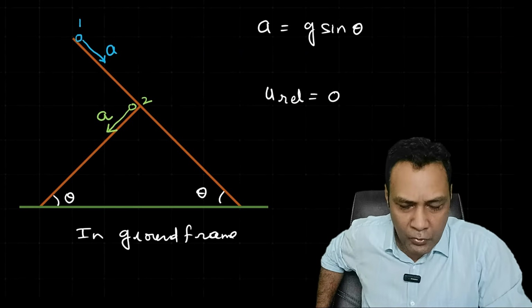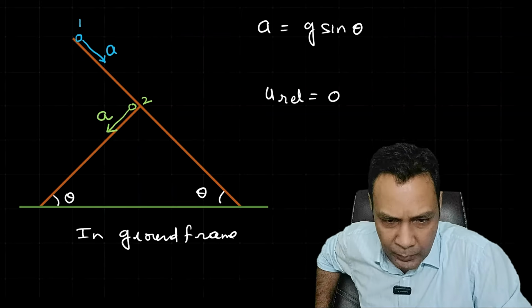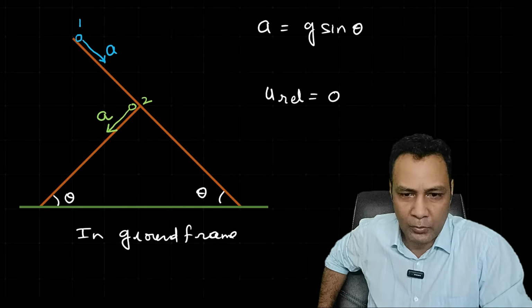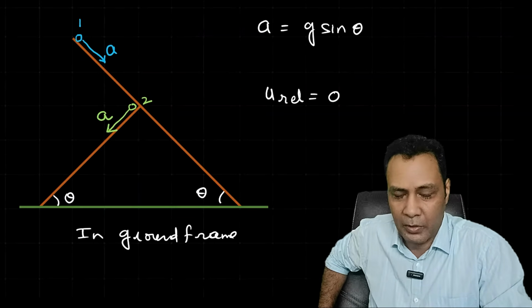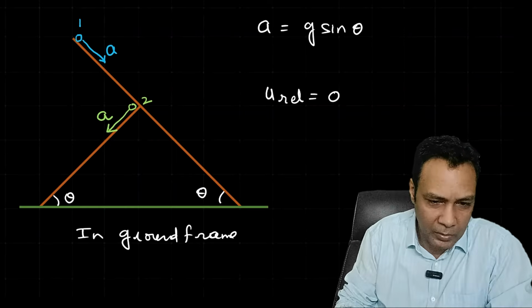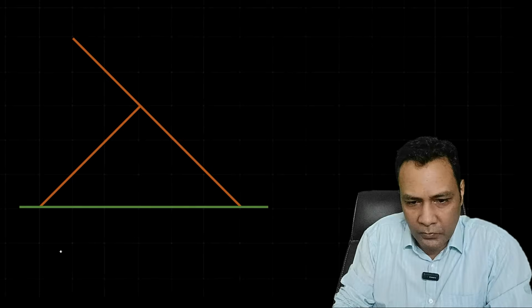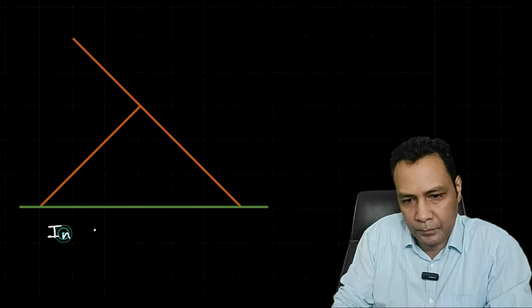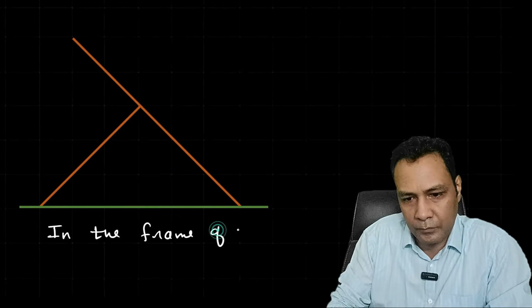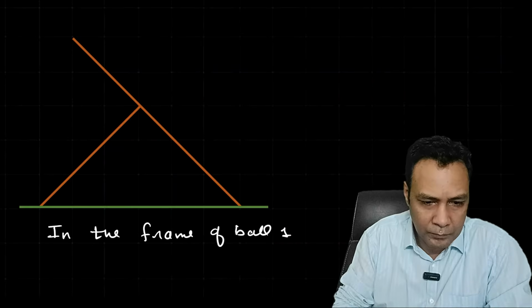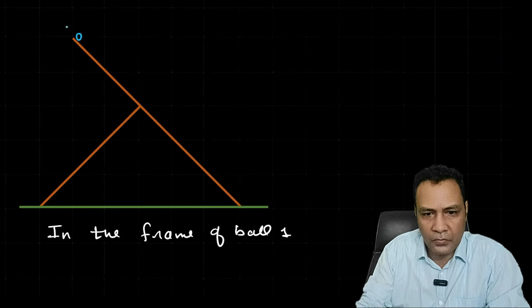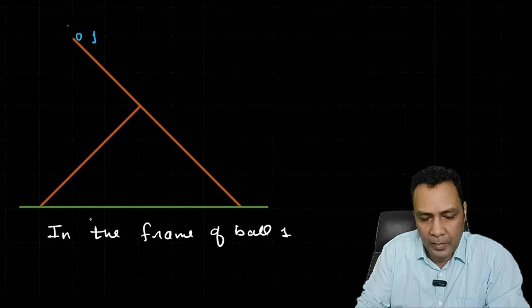So the best approach would be to stop one ball and from that frame look at the other ball. So I am stopping one ball, and I am watching ball 2 in the frame of ball 1. So now once again, in the frame of ball 1, this is ball 1.